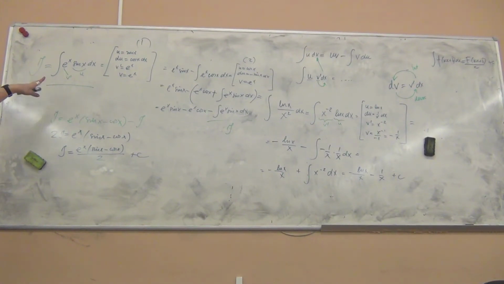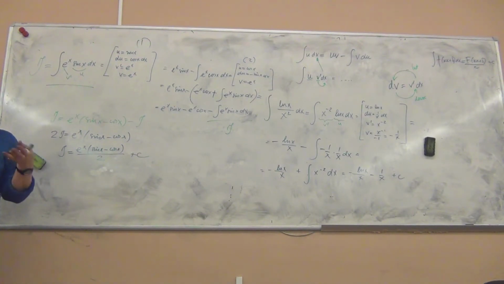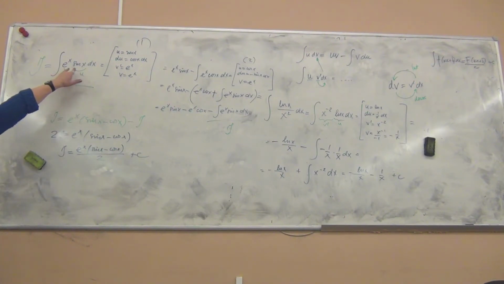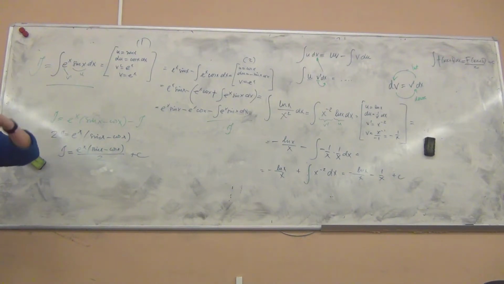Because this integral, well, it's cyclic, of course. Because the derivative and the integral of the exponential function is itself, and because the derivative and integral of sine and cosine is cosine and sine, so of course there's a cycle going on, the repetitions going on. It cannot be avoided.